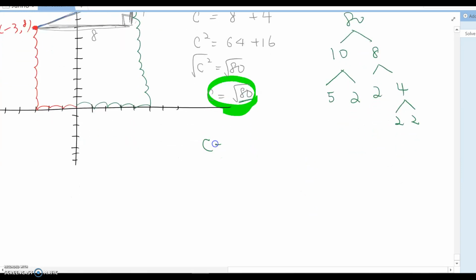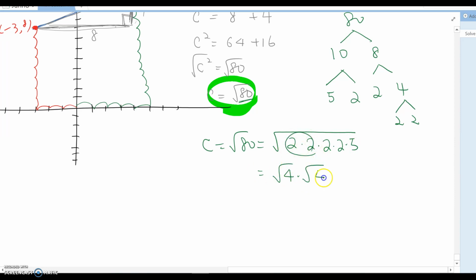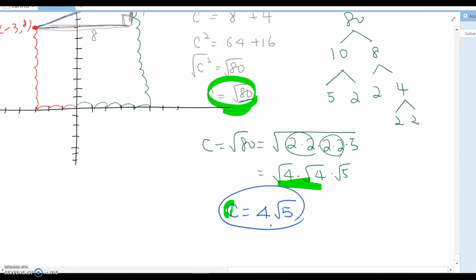Therefore, c equals root 80, which means root of 2 times 2 times 2 times 2 times 5, which means root 4, another root 4, and then root 5. You all know that this means 2 times 2, so c equals 4 root 5. That will be the answer for this problem.